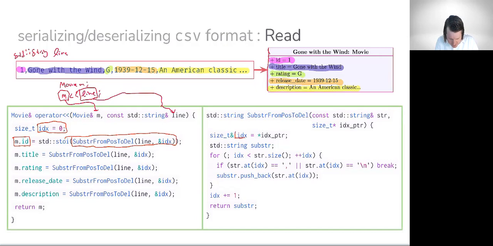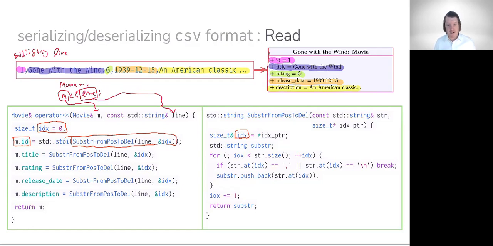IDX simply becomes a reference to the IDX that was declared in the insertion operator. The std string substring is going to be an empty string. Now I have a for statement, which says that as long as I'm less than the size of the string, I'm going to hit the body of this loop.